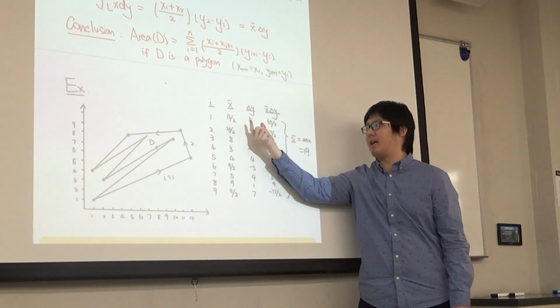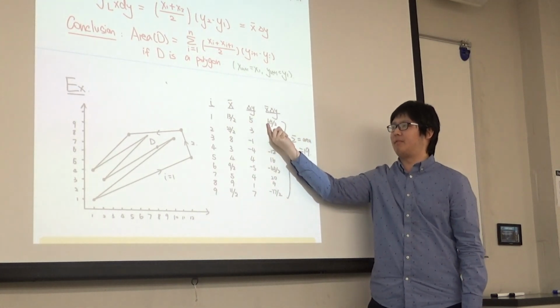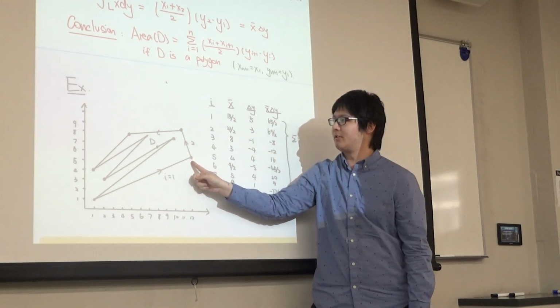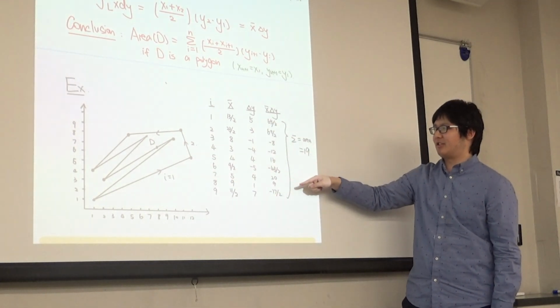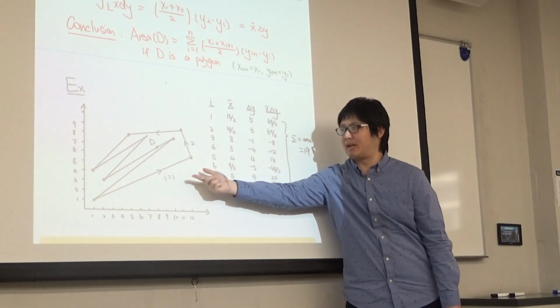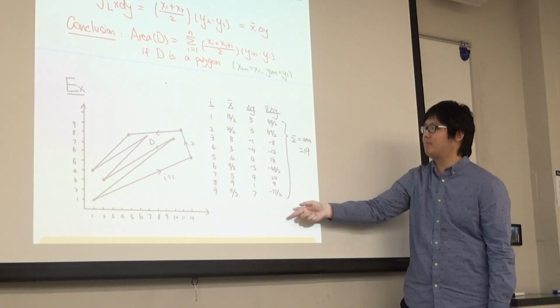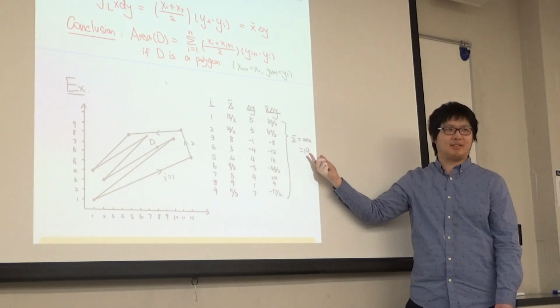Then you multiply them together and you get the product for the first edge. You do the same for all the others, then take the sum of this column, and that gives you the area, which is 19.